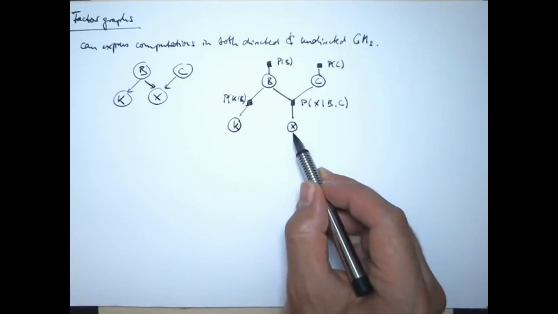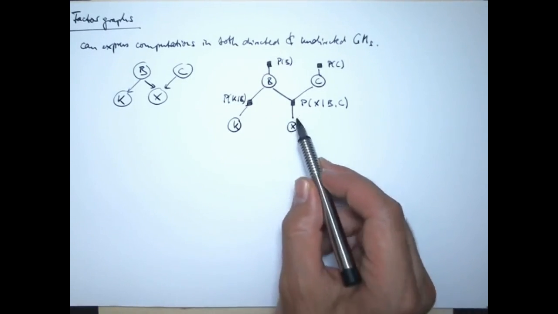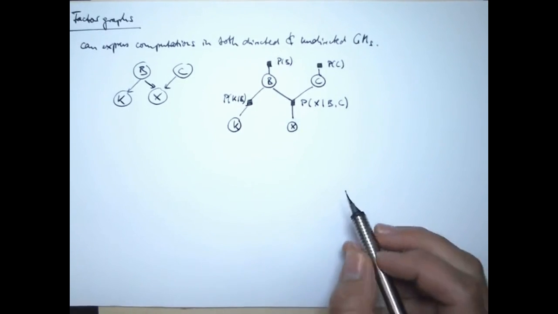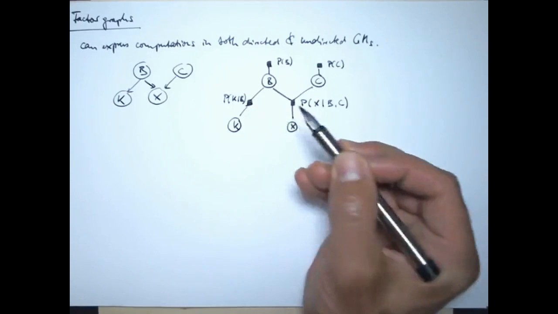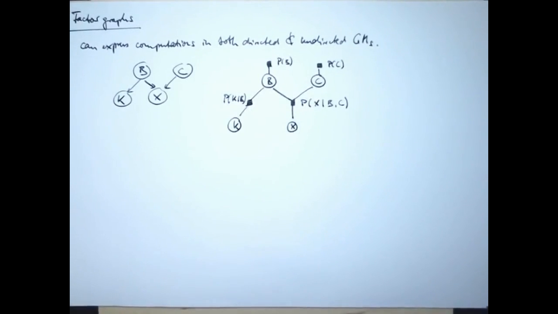So as before, we have our variables here indicated by circles. And now in addition, we have these factors which are usually shown by these small black boxes. Now I could alternatively write this as a bipartite graph.